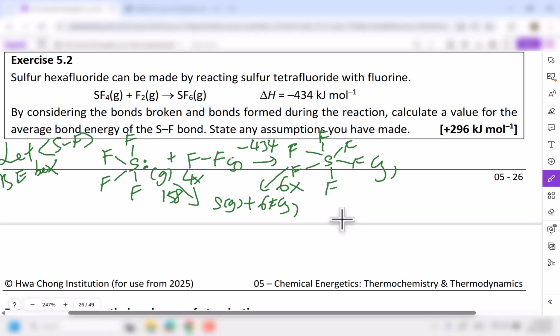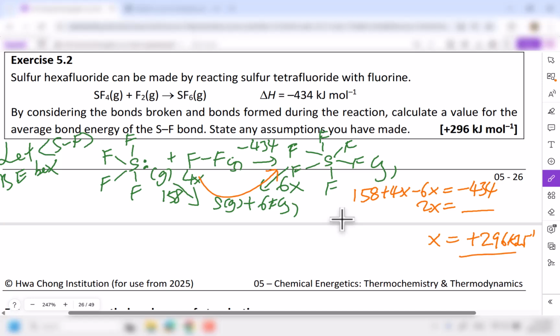So we're going this direction. So 158 plus 4x minus 6x is equals to negative 434. Then I'm going to solve for x. So 2x is equals to a certain value. Then x will be equals to, let me punch the calculator, 434. I'm going to end up with positive 296 kilojoules per mole.